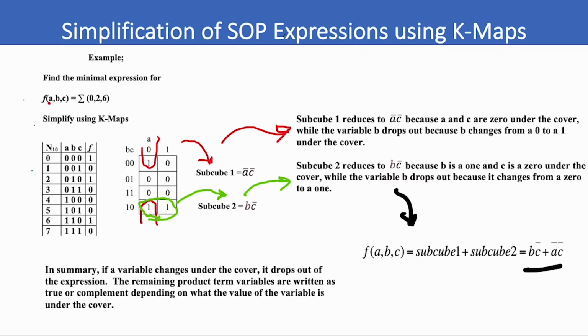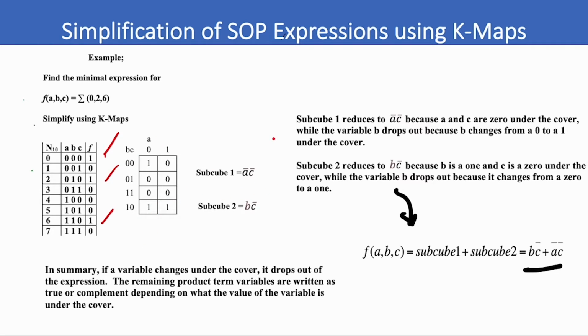We have a function, ABC is equal to the sum of minterm standard product terms 0, 2, and 6. Okay? That's this truth table right here. 0, 2, and 6.